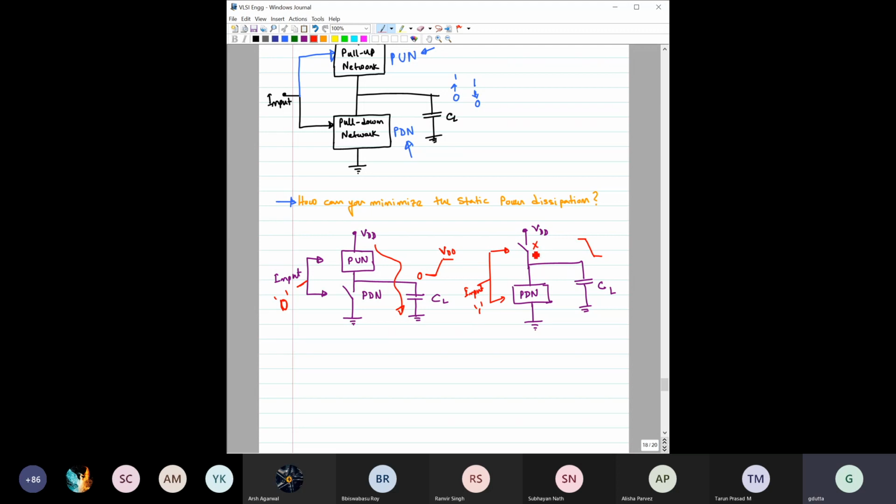It will not conduct any current, but the pull down network would be completely on, so that the stored charge of the capacitor can be discharged through this pull down network. So in steady state, for input 0 or input 1, in both cases the VDD is not directly connected with the ground. So in both cases there would be no static power dissipation.